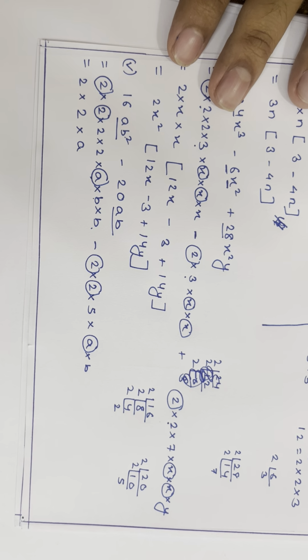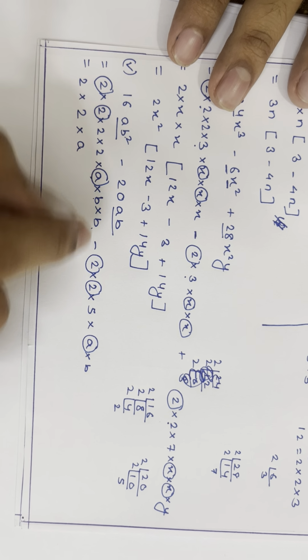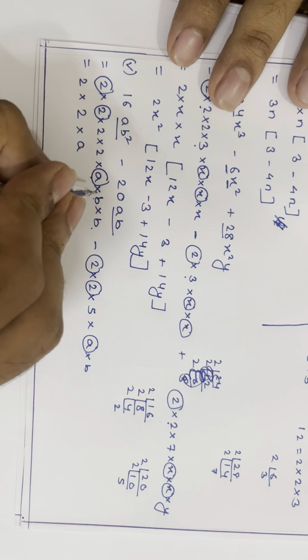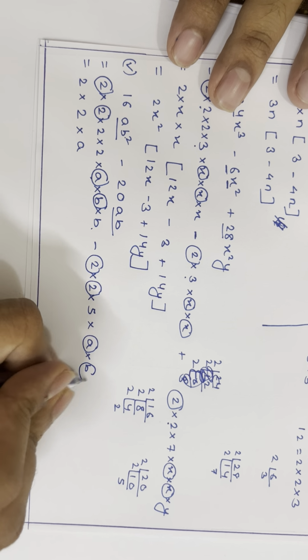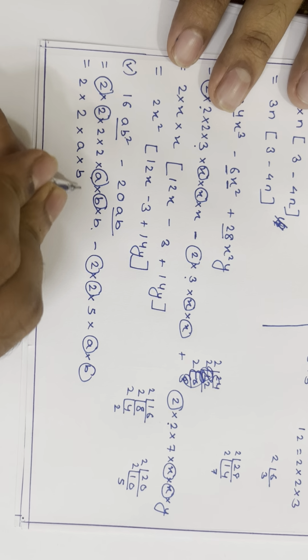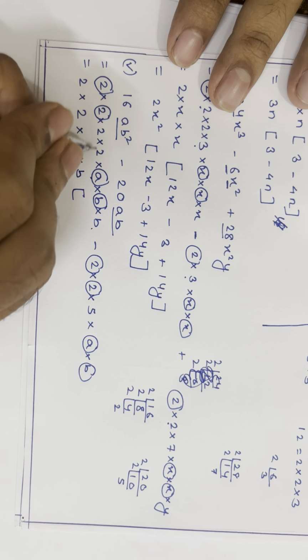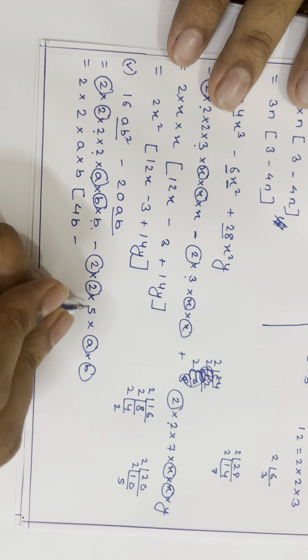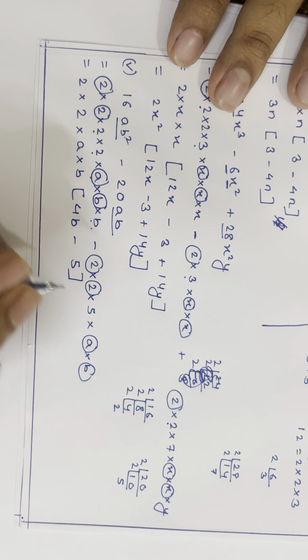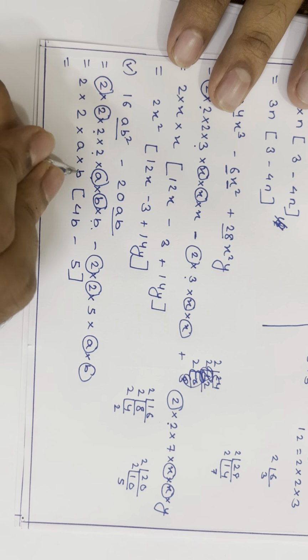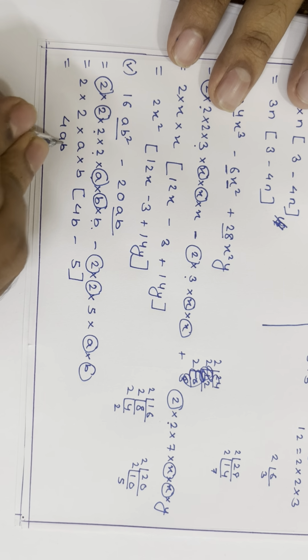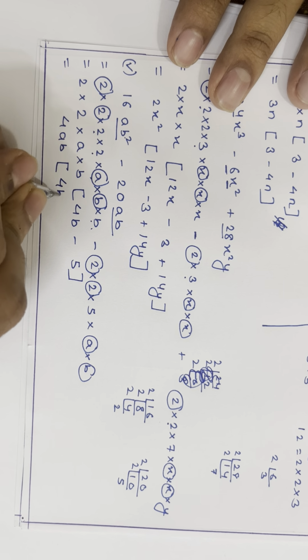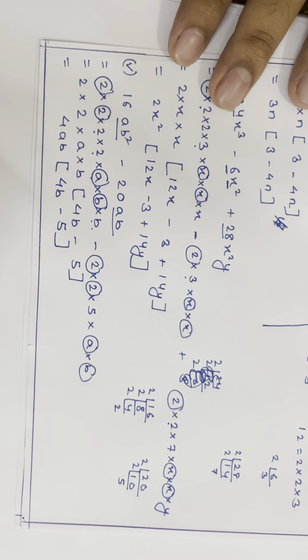Again, this b will also come common. b is here also. So in the first, what we are left with? 2 into 2, 4. 4 into b, 4b. Minus 5. So 2 to the 4 into ab, 4ab, 4b minus 5. So this is your answer.